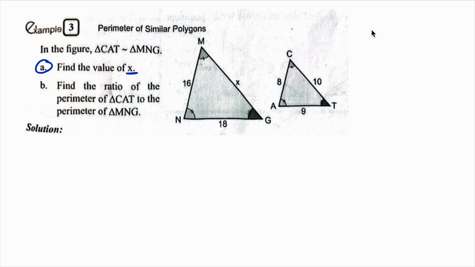we then simply say that the proportion of these two sides, CA and MN, is equal to CT all over MG. Okay, CT and MG. So for us to find that one, we're going to use this particular information.